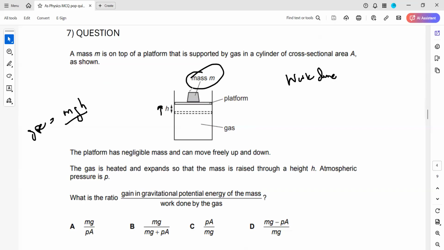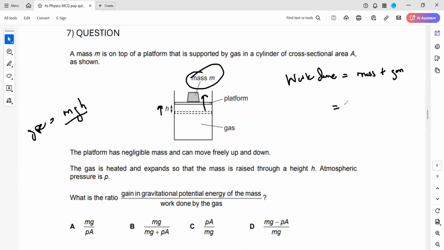So what is the total work done here by the gas? One is to raise the piston up, one is to move the mass. Work done is a product of force and distance. So one is to push the gas outward, one is to push the mass upward. So the total work done is to push the gas or expand the gas plus move the mass. You can write in any order, like you can write mass first and gas after.